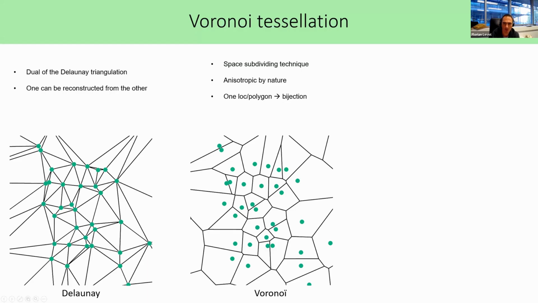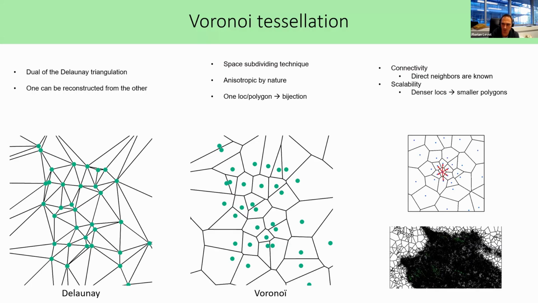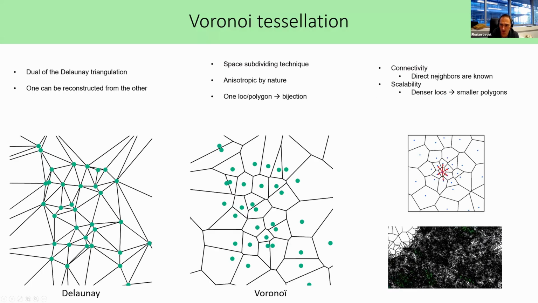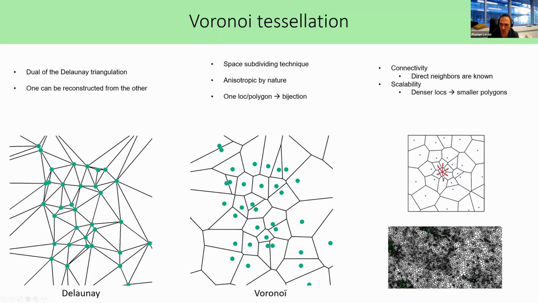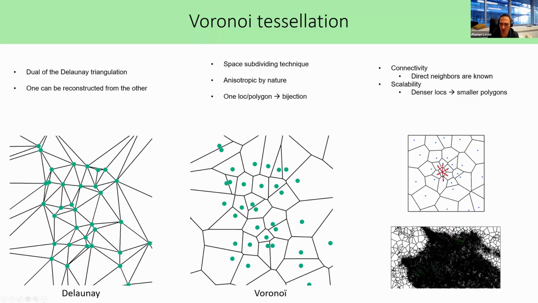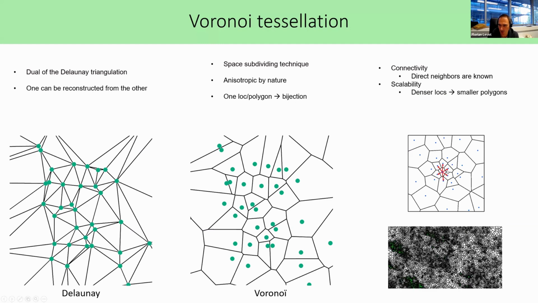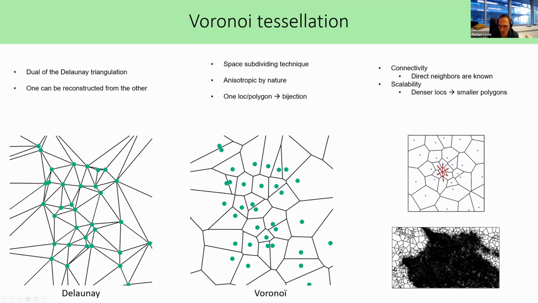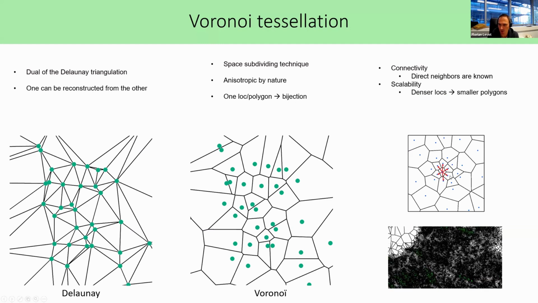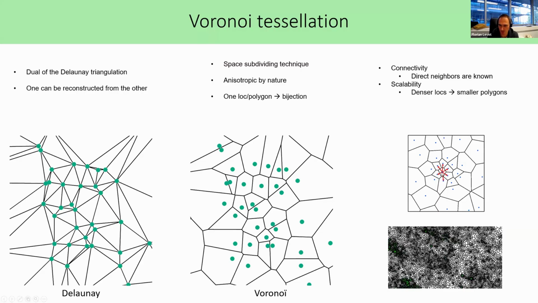And so with that, you have two very interesting features that can be computed on the Voronoi diagram. First, you have the connectivity. So you know the direct neighbors of any localization. And what we mean by direct neighbors are neighbors that share one of the edges of their polygon. So in this case, you have 6 direct neighbors for this localization.